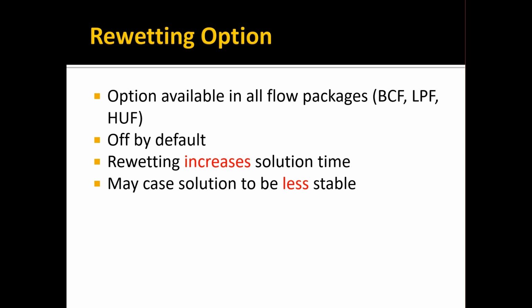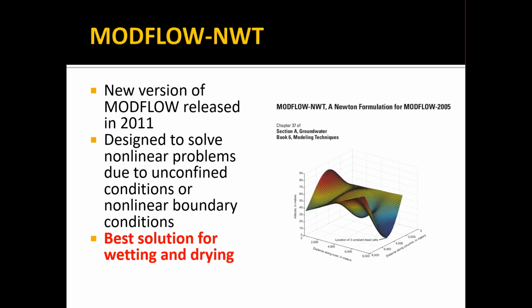Now, I want to add here, in my experience, the rewetting option in the BCF package, in the LPF package, I would use that as a last resort because there's a much better solution. The best solution, if you're really struggling with cells going dry, then I highly recommend you try the MODFLOW-NWT version of MODFLOW.